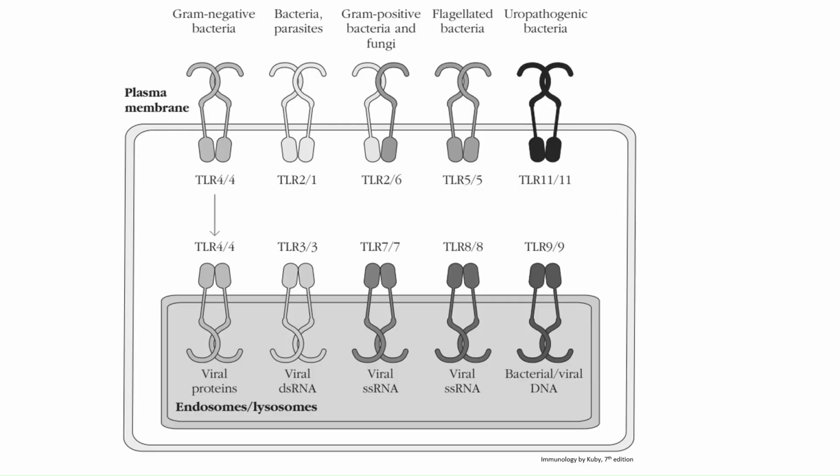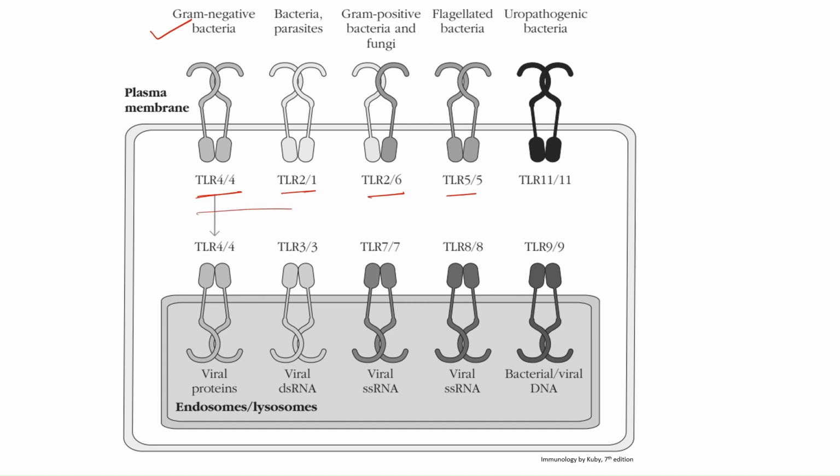This diagram is showing you the types of TLR and against which kind of pathogen each is active. So here TLR4 is active against gram-negative bacteria, TLR2 and 1 against bacteria and parasites, TLR2 and 6 against gram-positive bacteria and fungi, and TLR5 against flagellated bacteria.